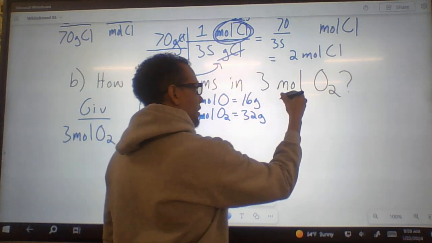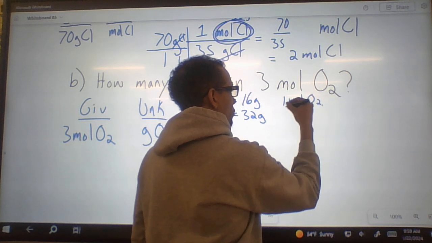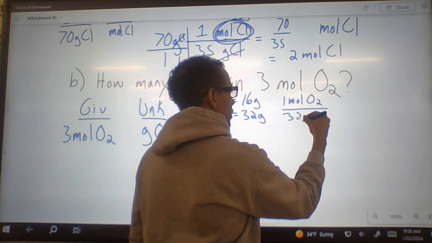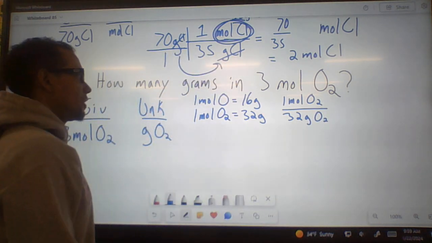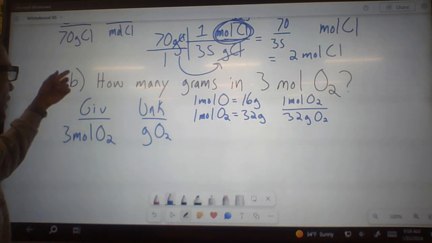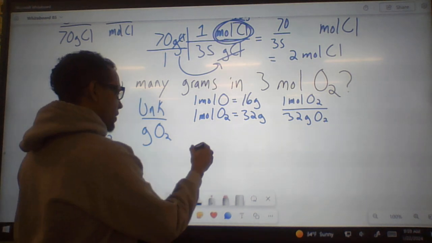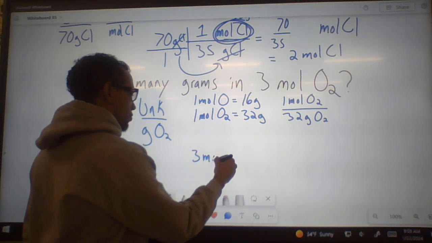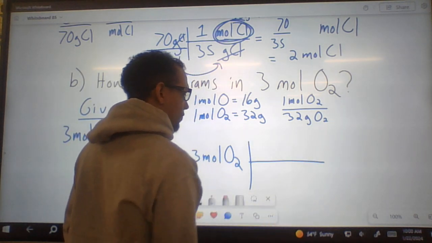And then I can rewrite that as a ratio. 1 mole of O2, that's going to be 32 grams. Okay, so I have the information I need. And now we just follow the steps. Step number 1, rewrite my given and draw my T chart. 3 mole O2, got my T chart.